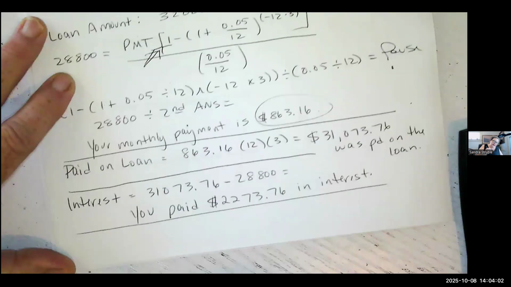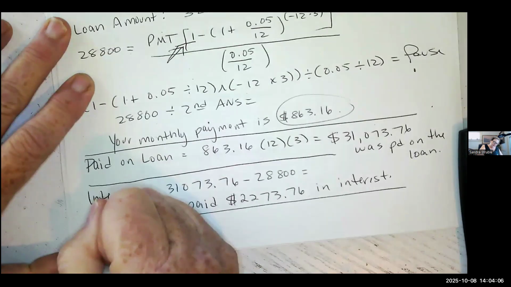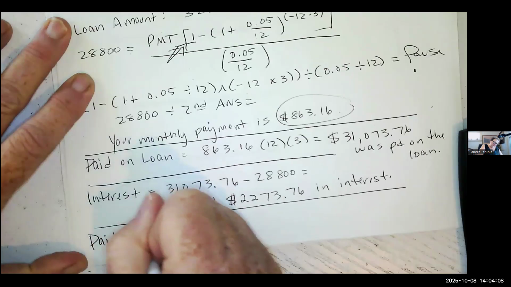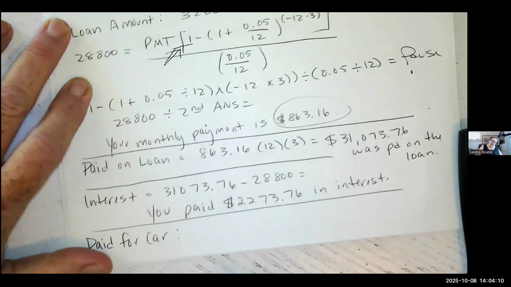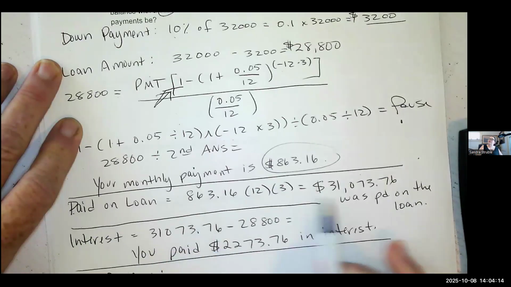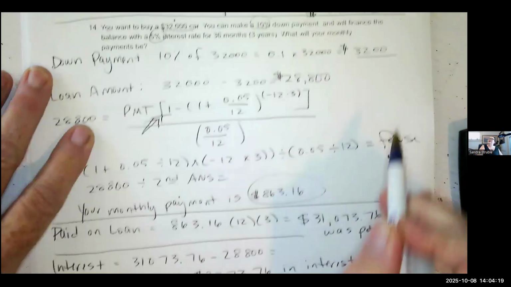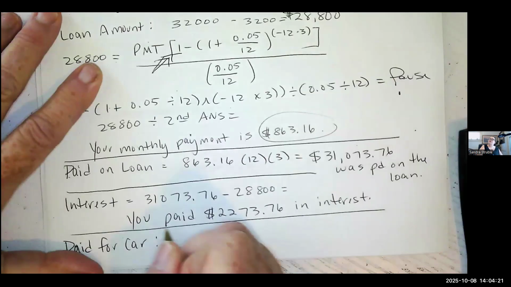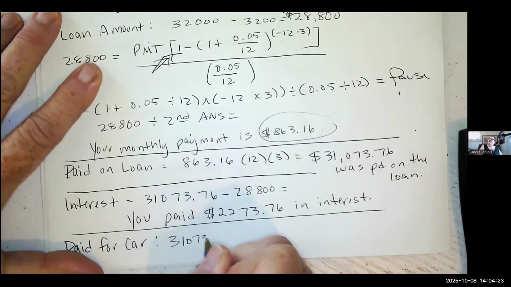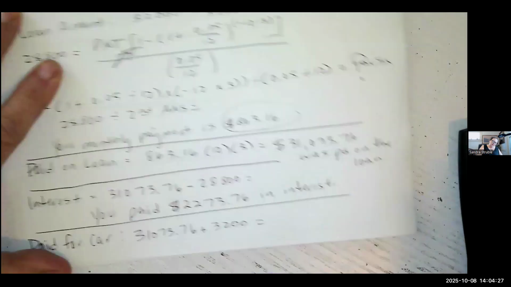And then the last thing is, how much did you pay for the entire car? Well, you paid the amount that you paid for the loan, 31,073.76 plus your down payment. So 31,073.76 plus the $3,200 down payment.